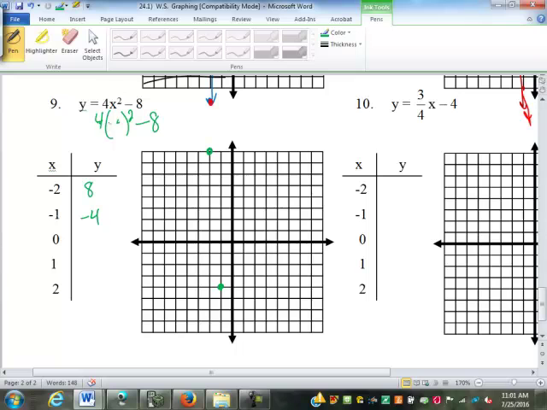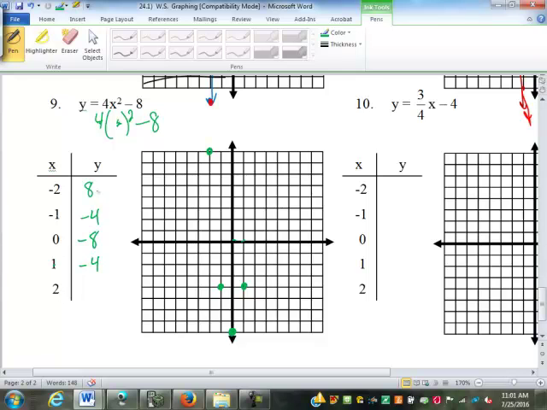If I put in 0, what's 0 squared? 0. What's 0 times 4? 0. Minus 8 is negative 8. So 0, negative 8 is down here. If I put in 1, what's 1 squared? 1. 1 times 4? 4. 4 minus 8? Negative 4. So positive 1, negative 4 is right there.